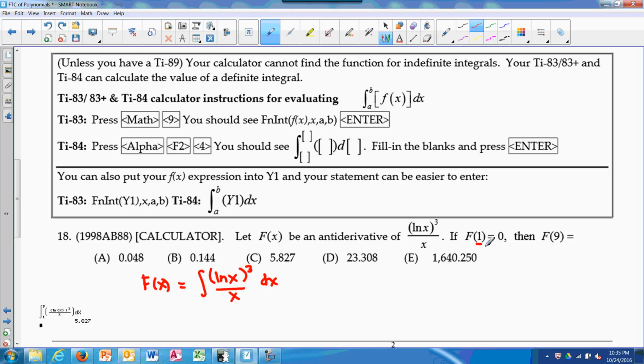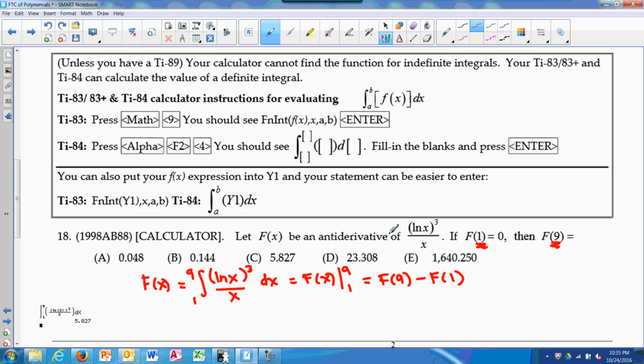The x values that we want are 1 and 9. So that's going to give me the area from 1 to 9. So that means that we would get big F of x from 1 to 9, which makes this F of 9 minus F of 1.